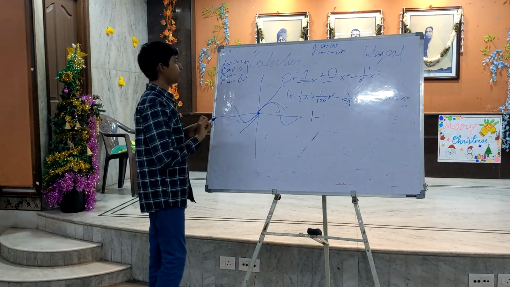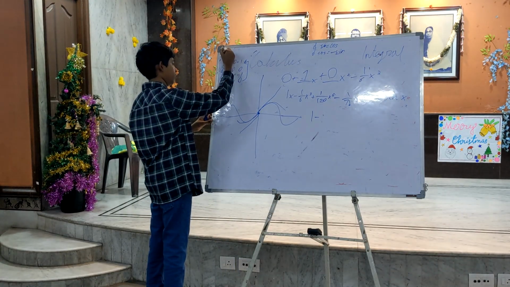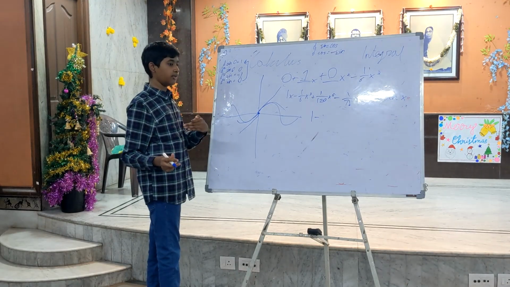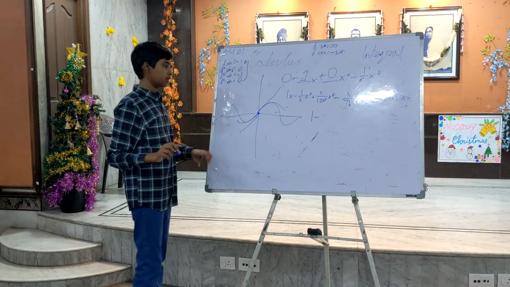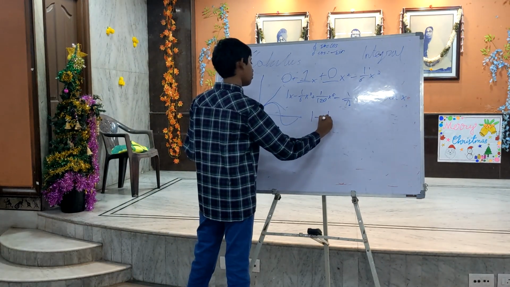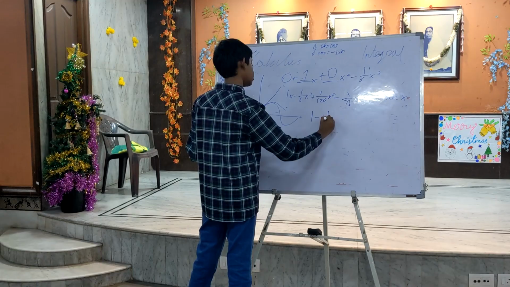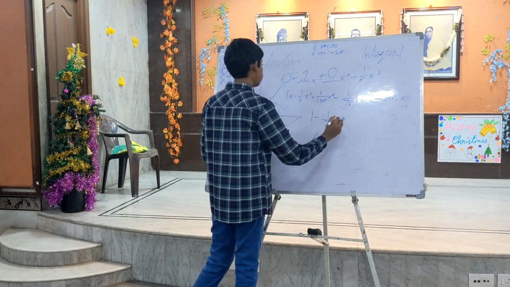So the actual derivative series of cosine at 0 will be: the first derivative is equal to 0, then the second derivative will be minus 1. So you get 1 minus x squared over 2, because you divide by 2 factorial.